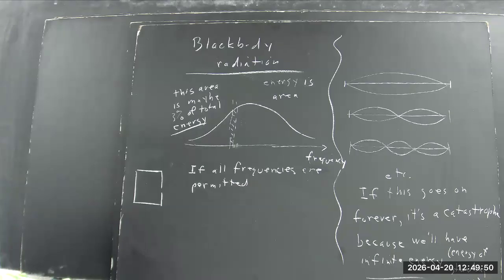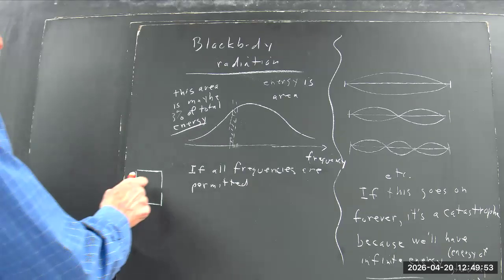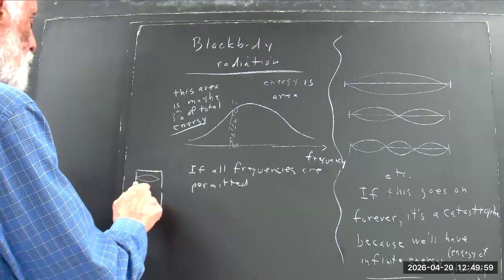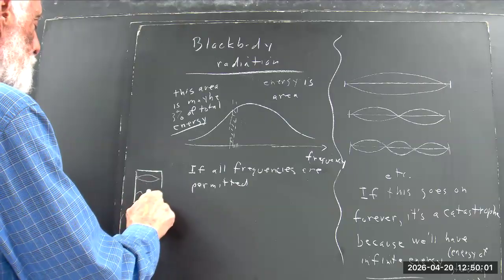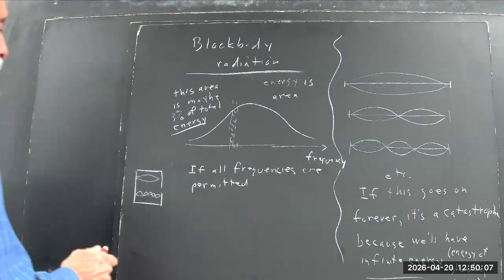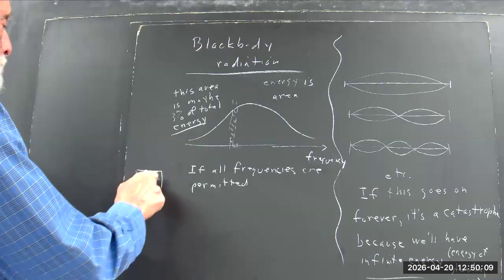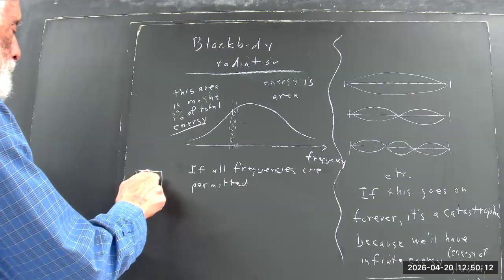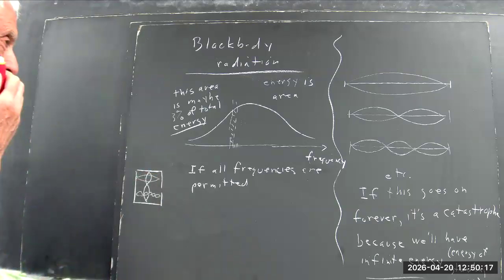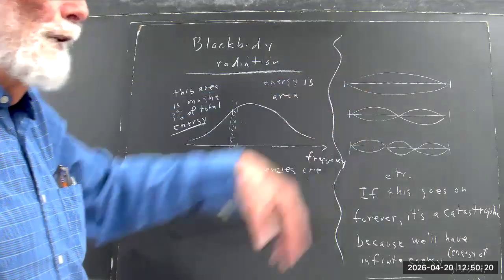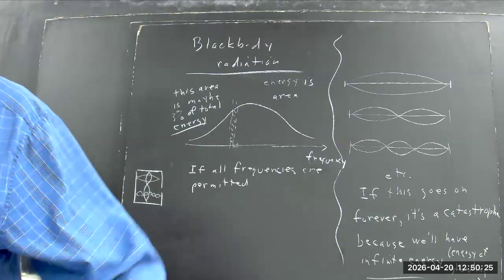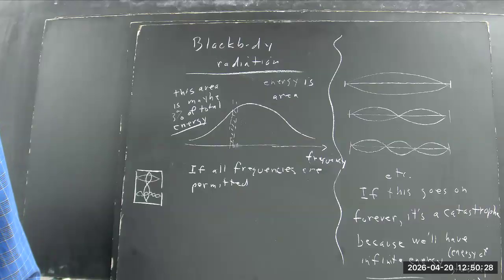Within this chamber, you can have waves that resonate like this, or you can have waves that look like this. But of course, you can have waves up and down, that look like this, and also waves that go diagonal and bounce around and reflect off of corners and edges and everything. Okay?